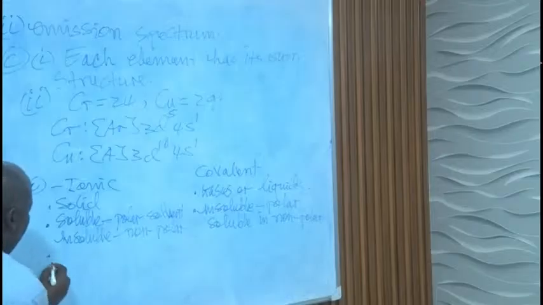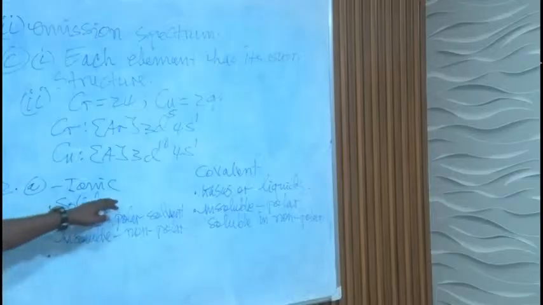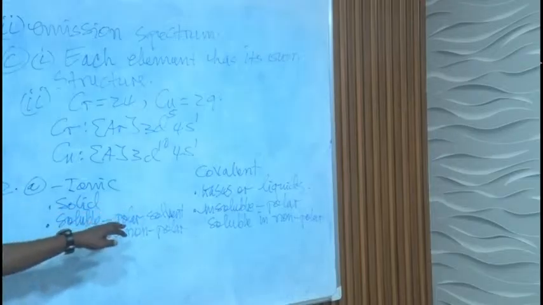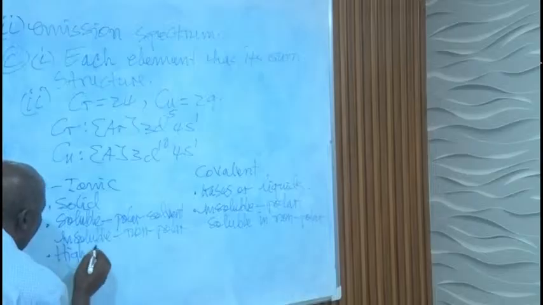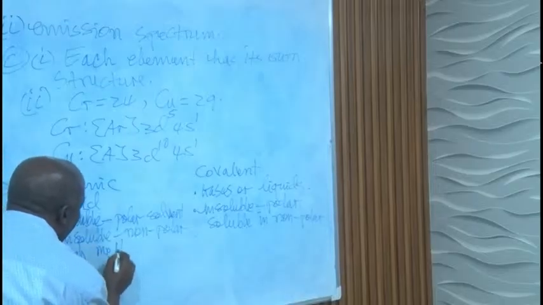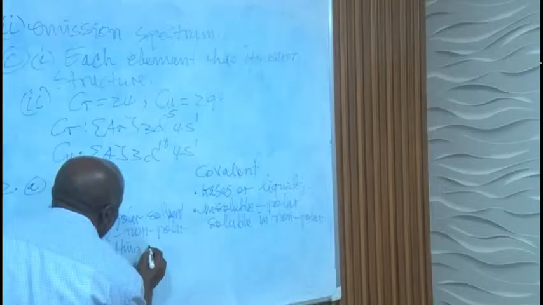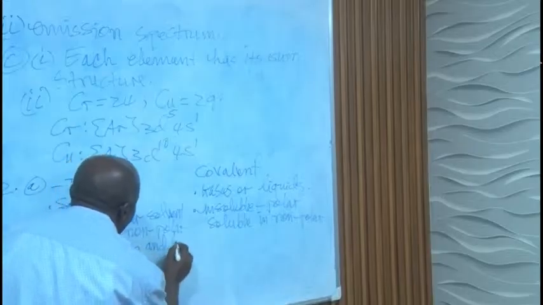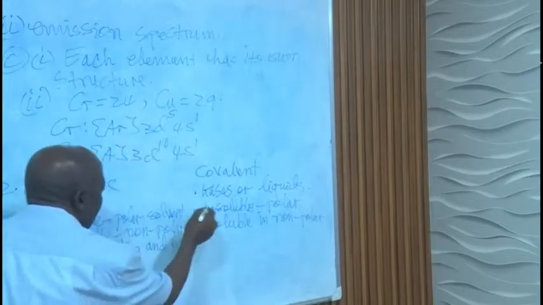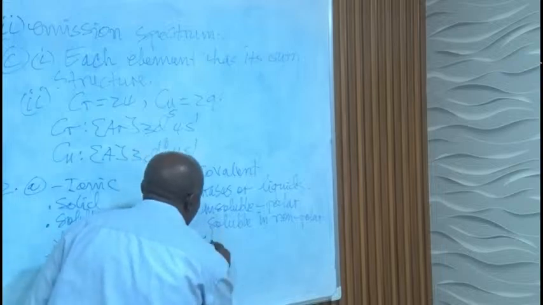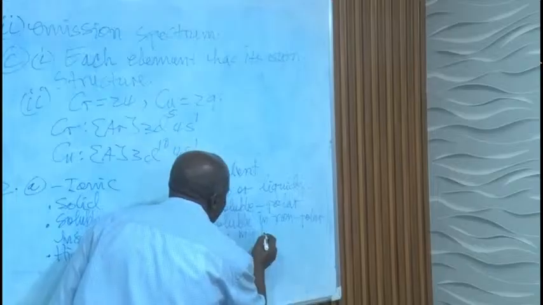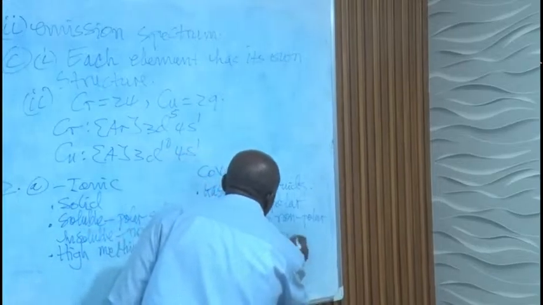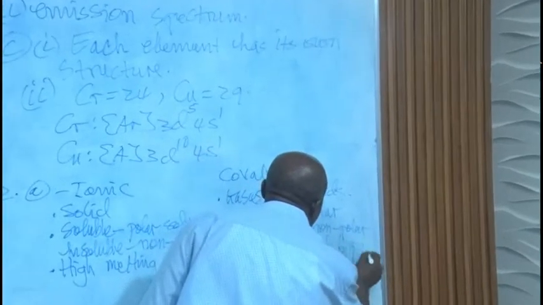The third difference is that ionic compounds, because at room temperature they exist as solids, have high melting and boiling points, while covalent compounds have low melting and boiling points.